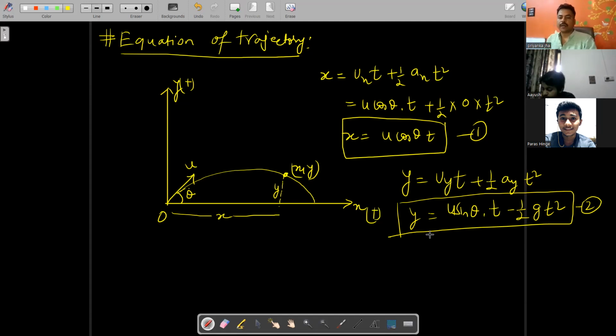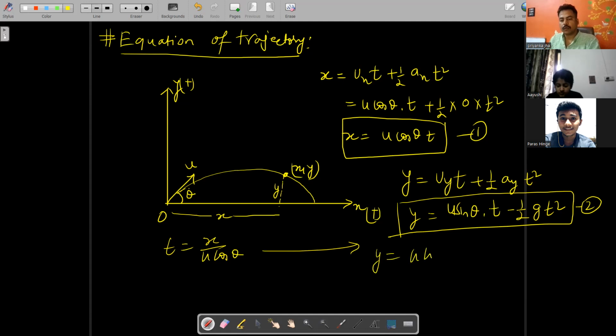Okay, so now we have two equations. We have to eliminate time from here. From equation 1, you can see that time can be written as x upon u cos theta, and put this time in equation 2.